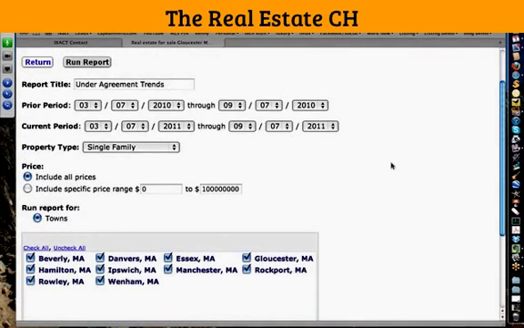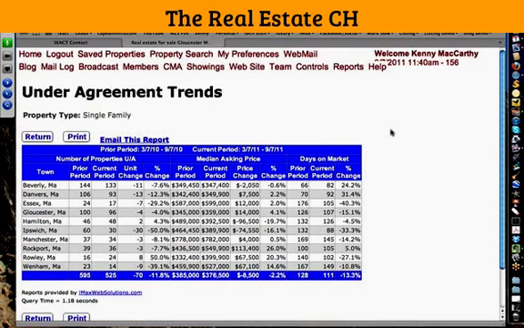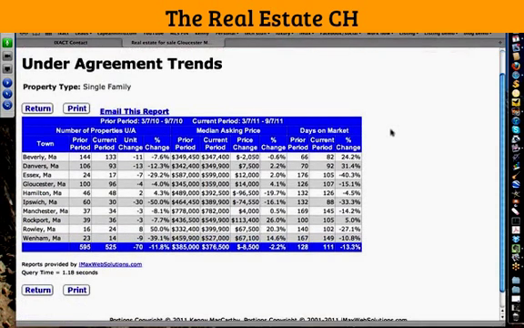We know from our experience that people pay 94, 95, 96% of asking price when it finally sells. So when we look at these under agreement trends, the seller didn't get these prices.